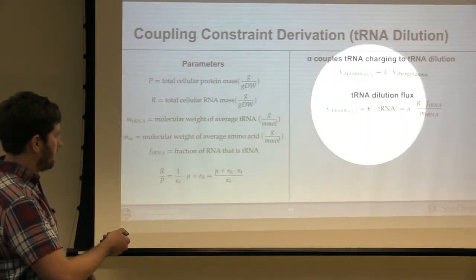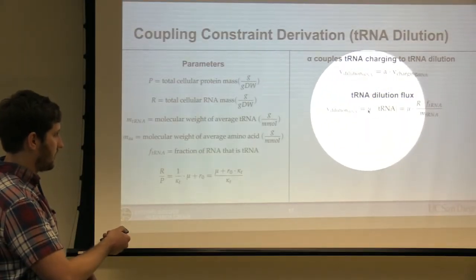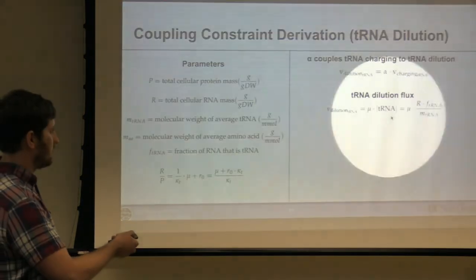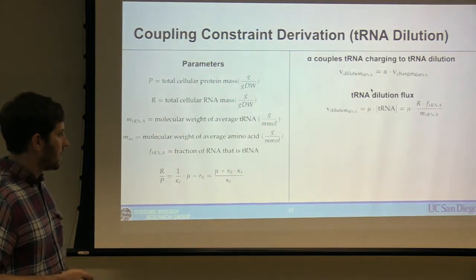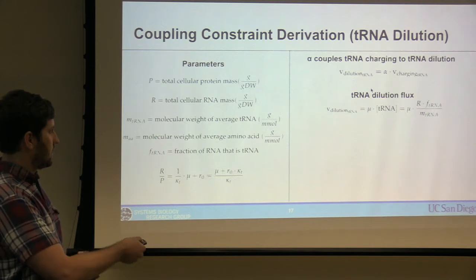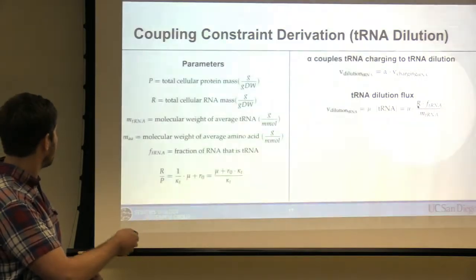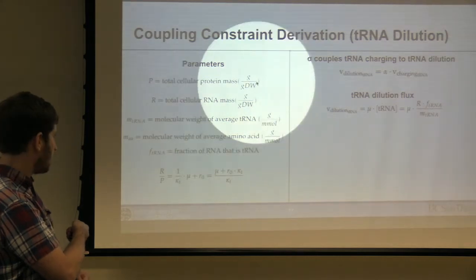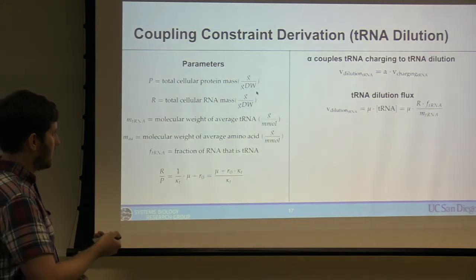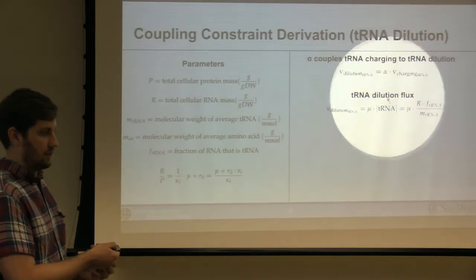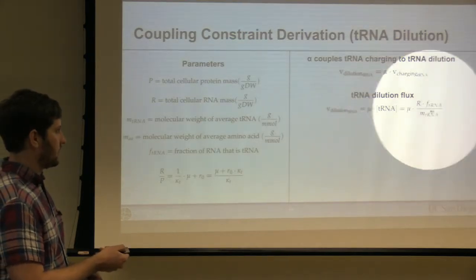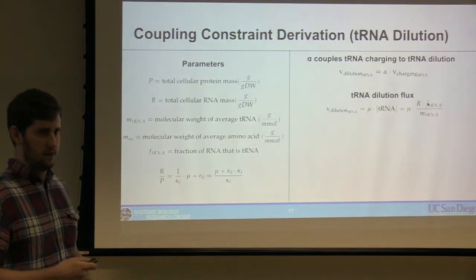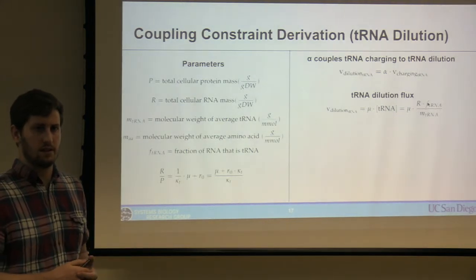So what we're really interested in, because we're going to know the growth rate from the simulation, but what we don't know is the concentration of tRNA. And the way we calculate this is based on R here, which is a parameter here on the left, the total cellular RNA mass in grams per gram dry weight. But since this is all of the RNA, we need to know what fraction of this in E. coli is tRNA.